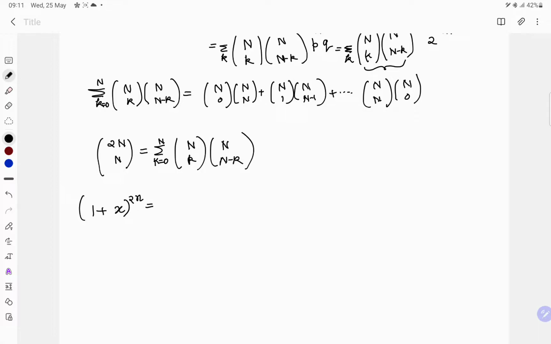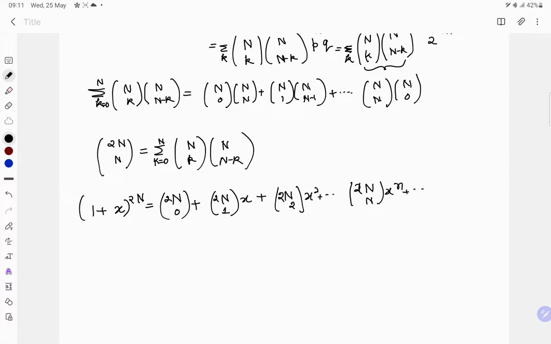From the binomial expansion, you can see that this is nothing but, let us use capital N, 2nC0 x to the power 0, 2nC1 x to the power 1, plus 2nC2 x squared, and so on, 2nCn x to the power n, and so on, 2nC2n x to the power 2n.